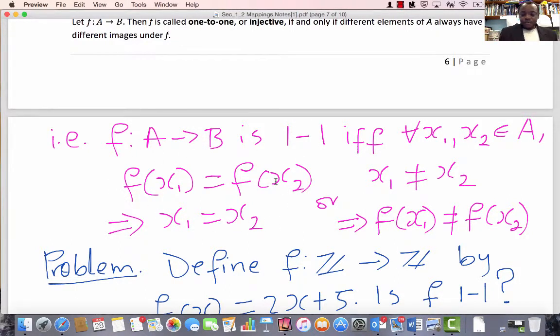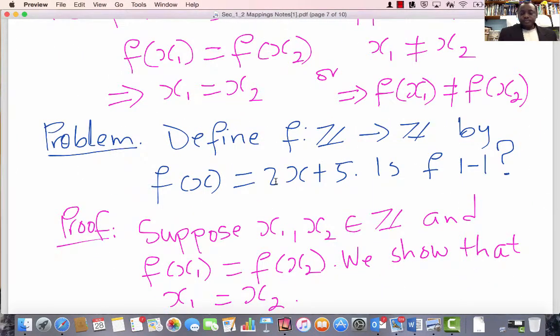Let's start with a little problem. Define the function f from the set of integers to the set of integers by f of x equals 2x plus 5. The same function we saw above that was not onto. Is f one-to-one? Is it injective?